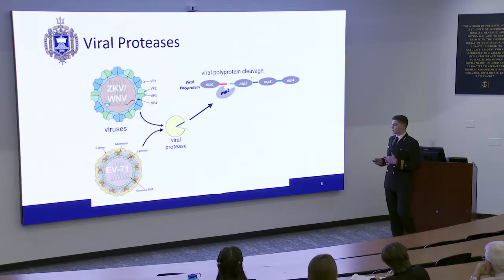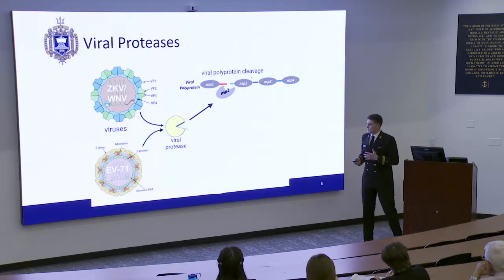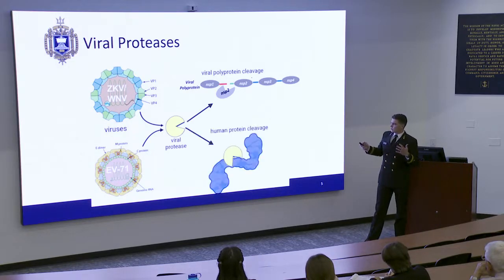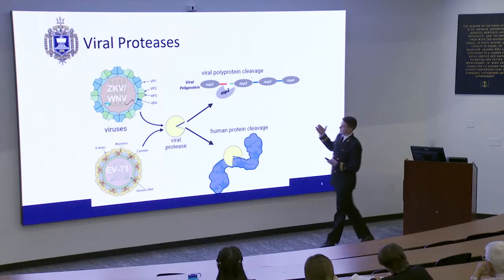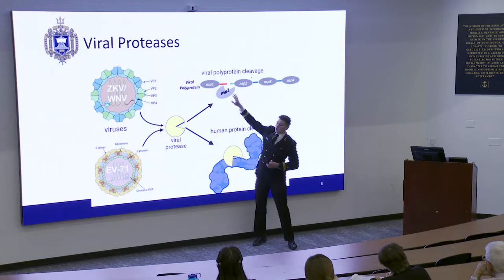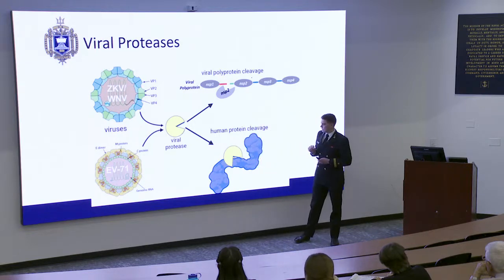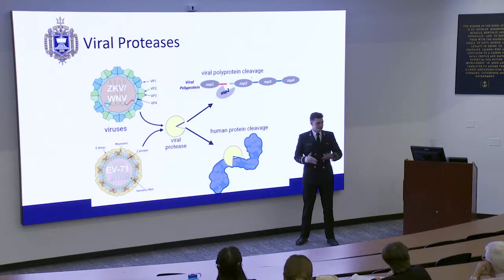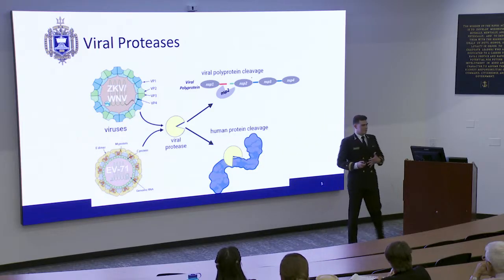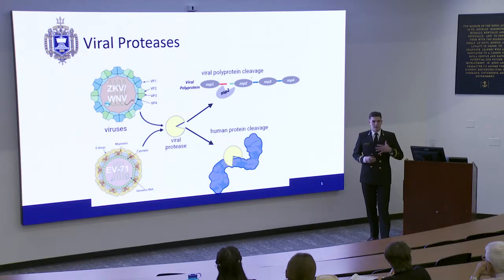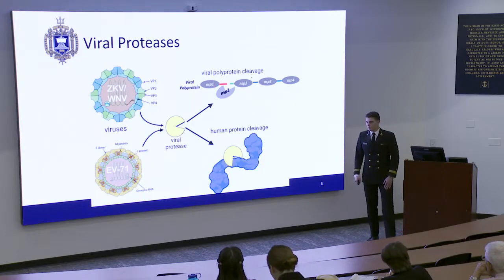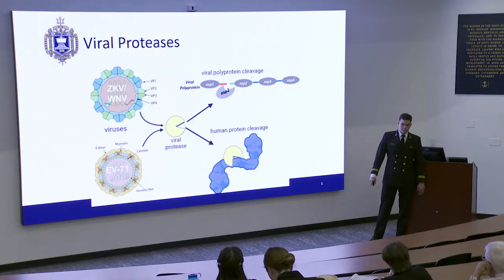But when these viral proteases are in the presence of human proteins that potentially have the same sequence in the protein that originally the viral protease would attack in the viral polyprotein, if a human protein shares that sequence, there's the potential for an interaction between the viral protease and a human protein. And that's of concern.